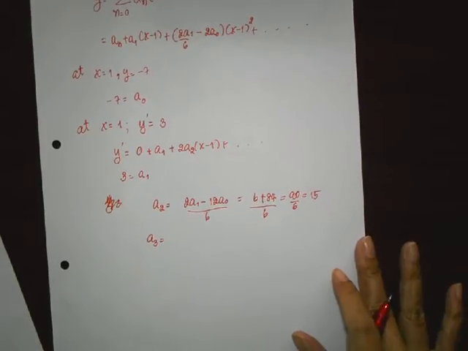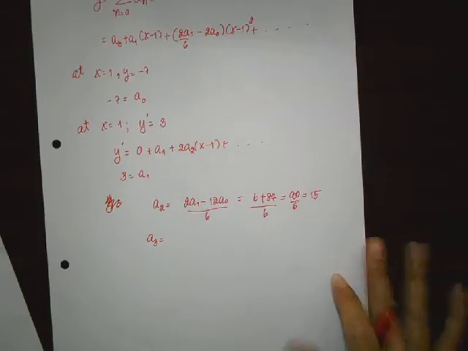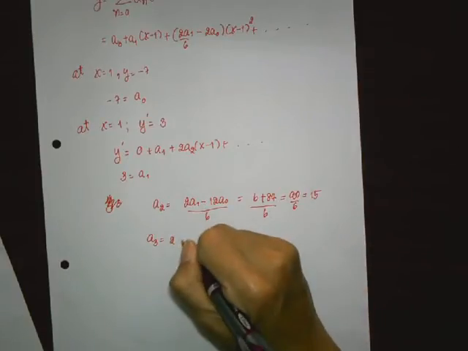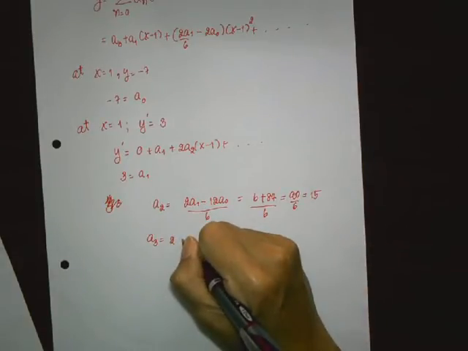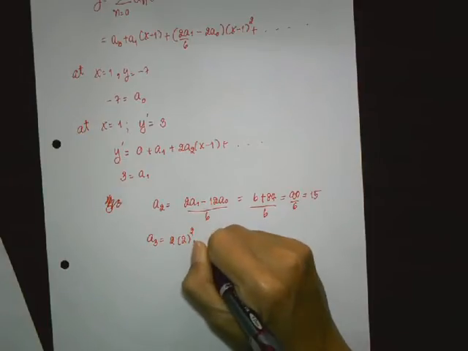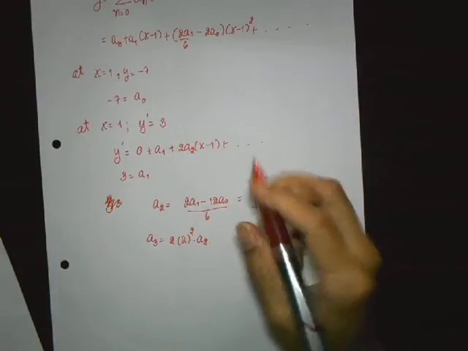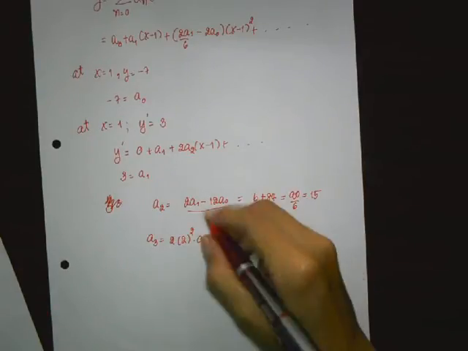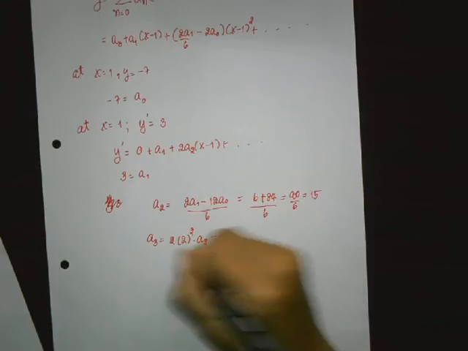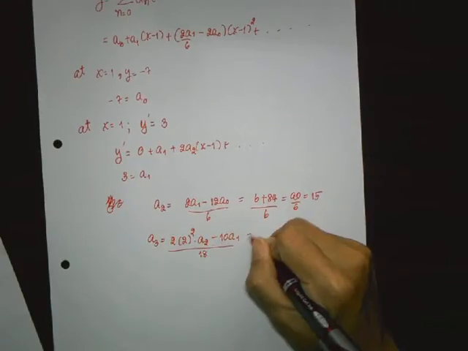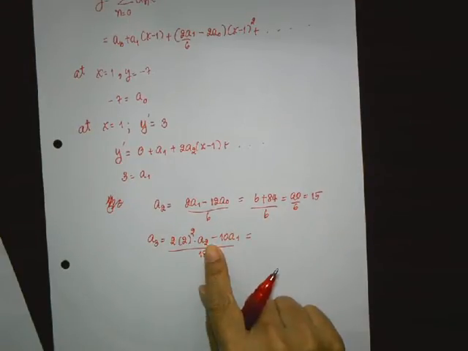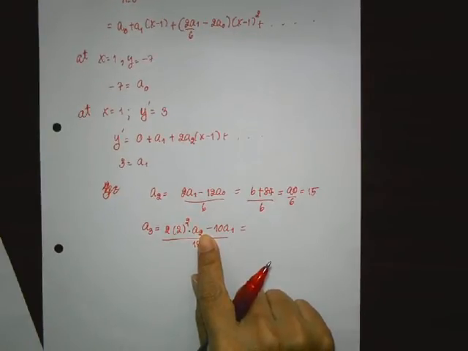So a3 equal to 2 times n equal to 3, which is 2 square times an minus 1, which is a2. We did it before, but now we know the value of a2, right? a2 is equal to 15.